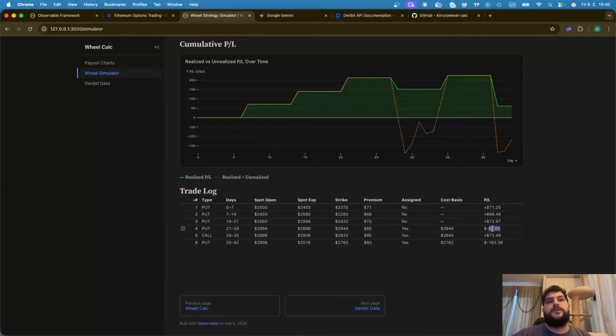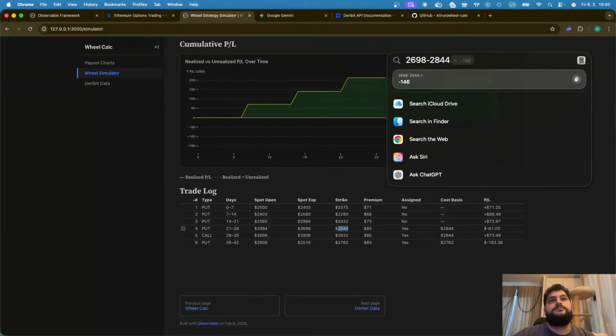Yes. Okay, now it makes sense. Yeah, plus 85, this is what we earned. Basically this week was minus 61 for us, and it was okay.